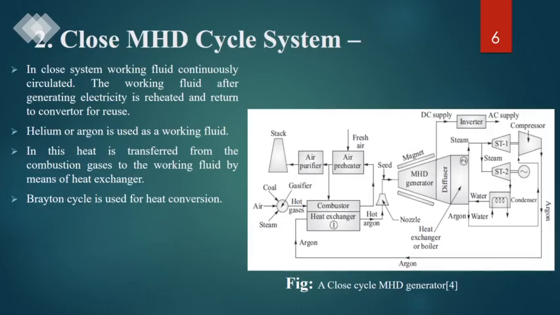In the closed system the working fluid is continuously circulated, and helium and argon are used as the working fluid. This closed MHD cycle works on the Brayton cycle. Again I am repeating, this cycle works on the principle of the Brayton cycle.